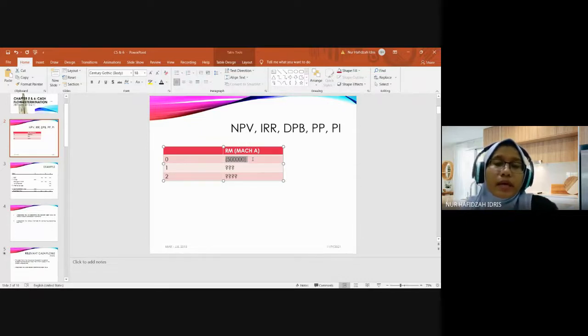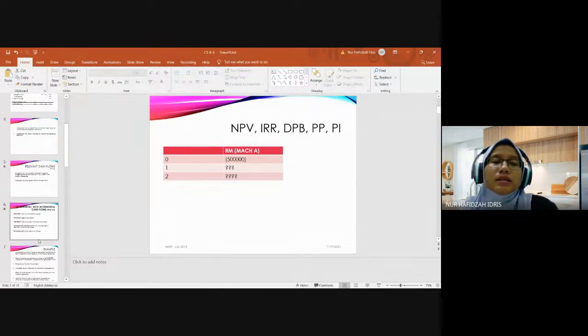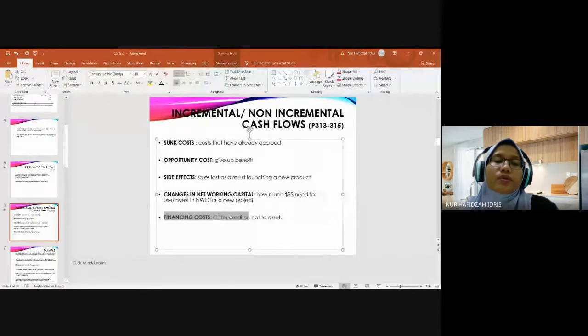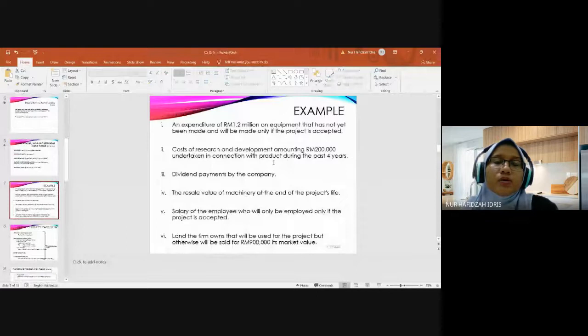So 4%, 20,000 interest here, that interest is not considered incremental cash flow because that interest refers to the financing cost, and it is the cash flow to the creditor. Like that.